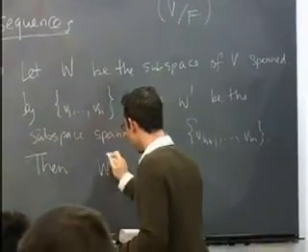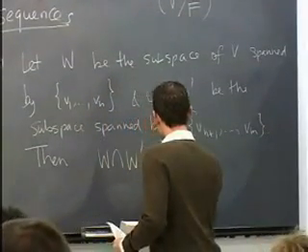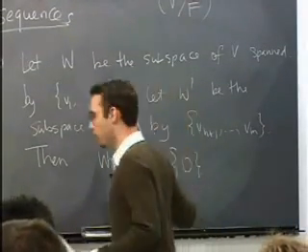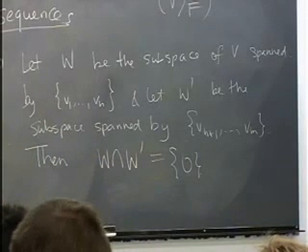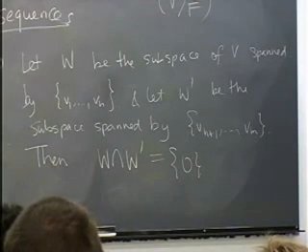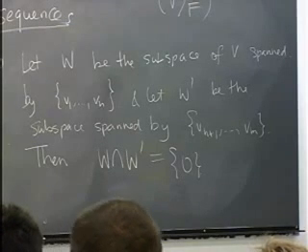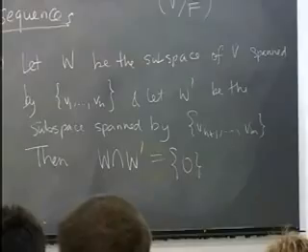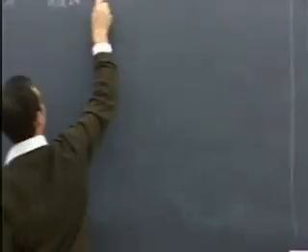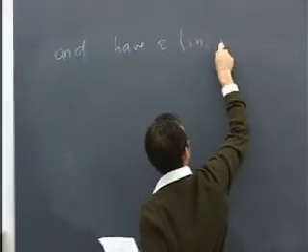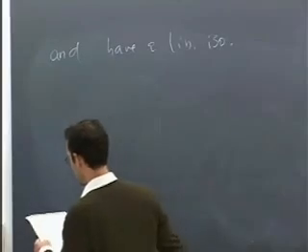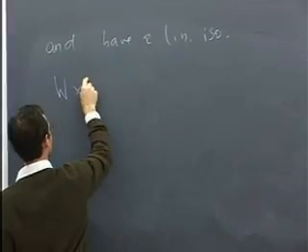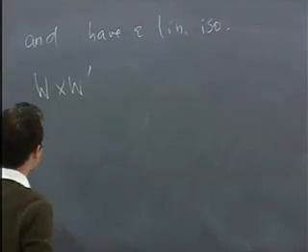First of all, the intersection of these is 0, but that's not really a major result. The point is more the thing that I'm about to write down, which takes advantage of that fact, which is that we have a linear isomorphism between the product of W and W prime and V.